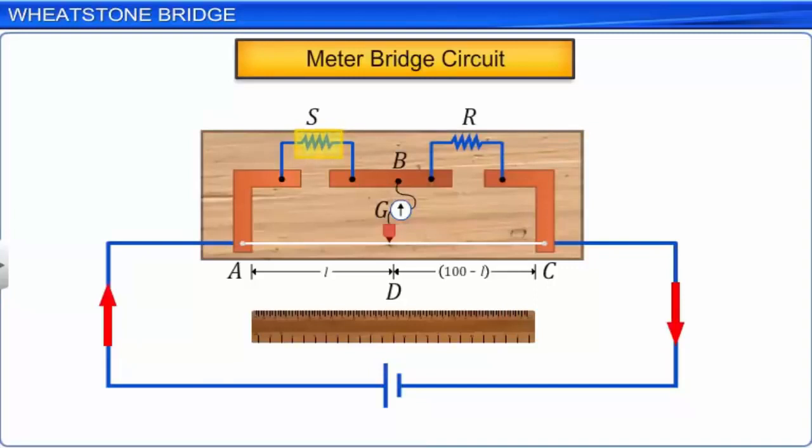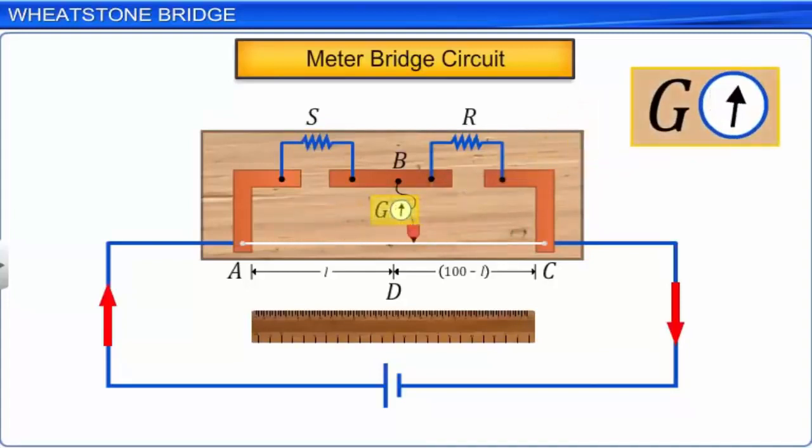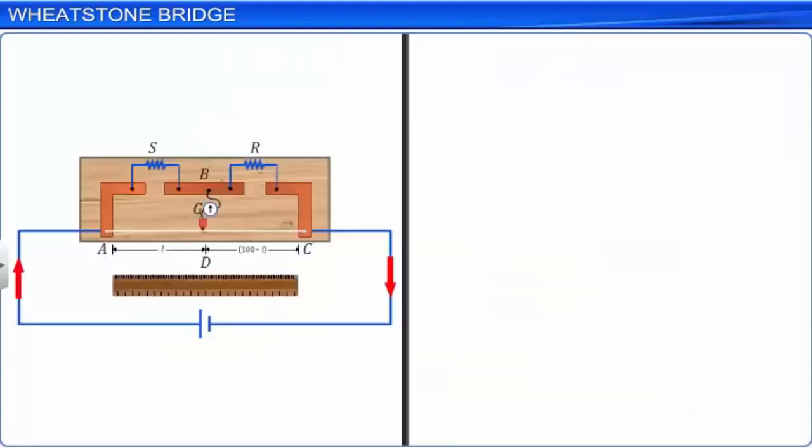The knife edge end of the jockey is moved along the wire until the galvanometer shows a null reading. Let D be the position of the jockey on the wire when the null reading is obtained. Let R be the resistance per centimeter of the standard wire.